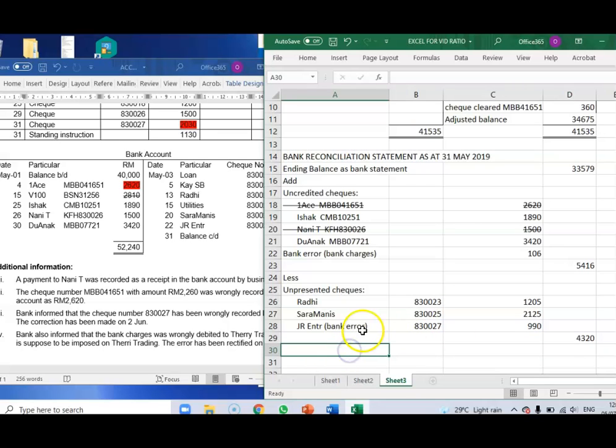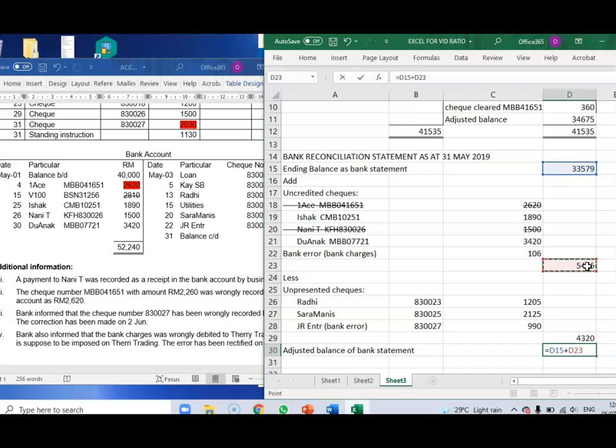Okay, let's find out what is the adjusted balance of the bank statement. The ending balance of bank statement that we get from the printed or given bank statement, add with all the money that should have been received, and deduct the payments that should be paid out.